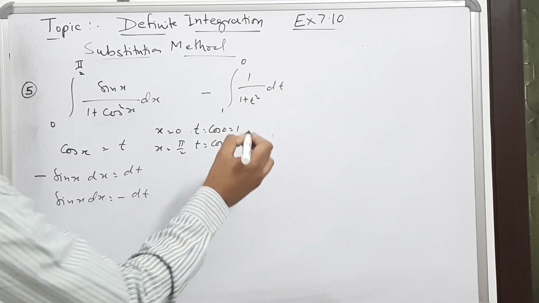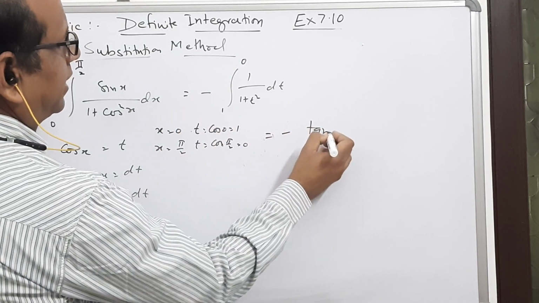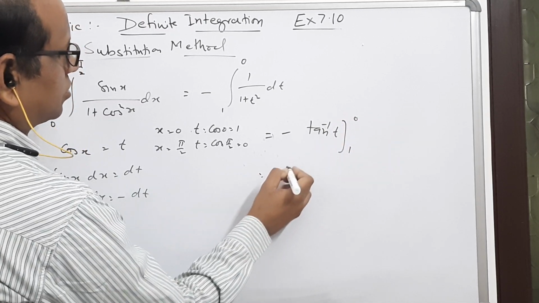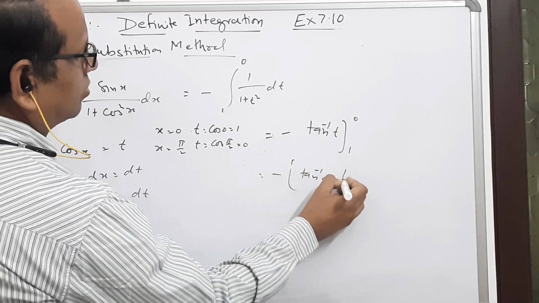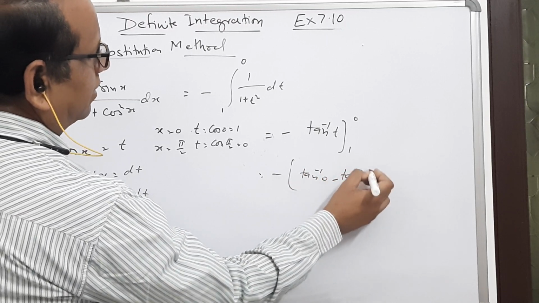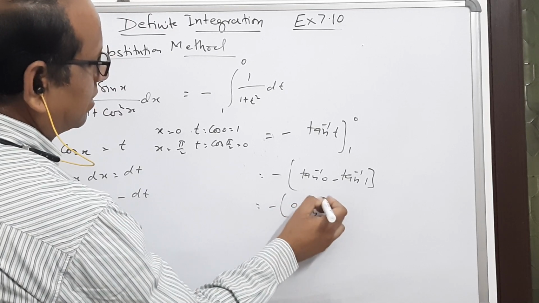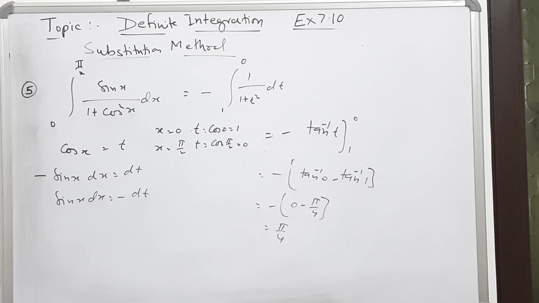And now the integration is tan inverse t from 1 to 0. So when you put the value, it is tan inverse 0 minus tan inverse 1. So the answer is 0 minus pi by 4. So the final answer is pi by 4.